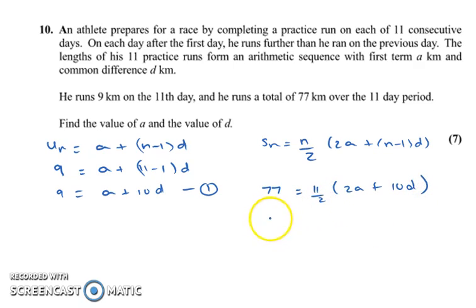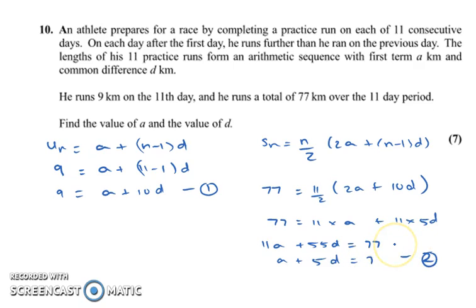We can multiply this out to have 77 equals 11 times a add 11 times 5d. So that means 11a add 55d equals 77. If I divide by 11, I've got a add 5d equals 7.